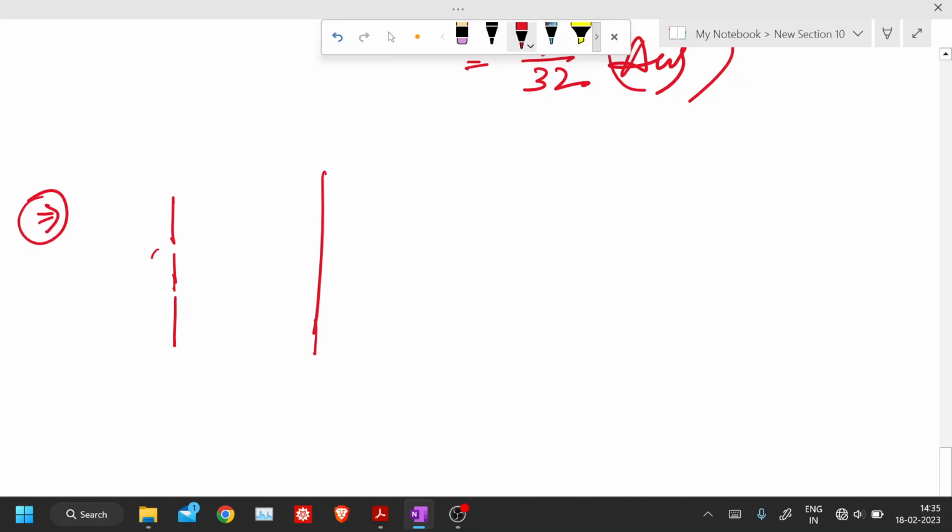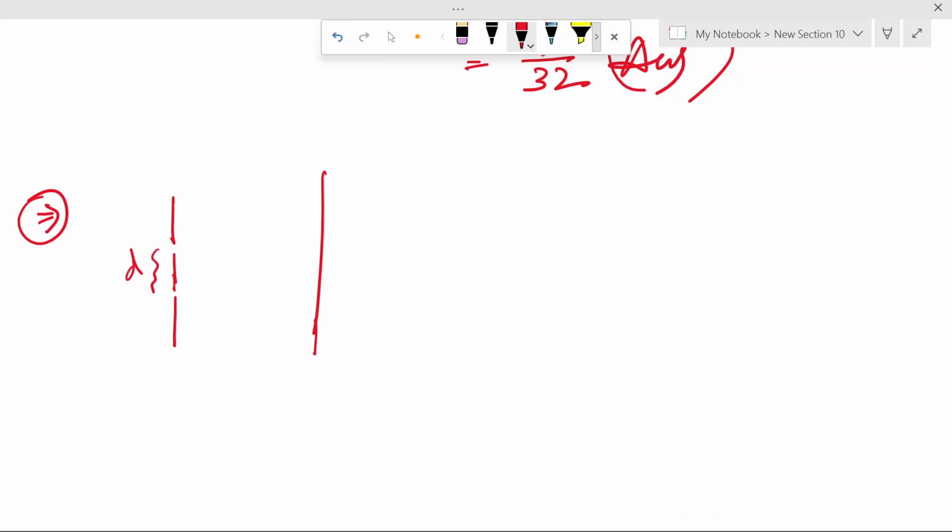If the gap between them is small d and the distance to the screen is capital D, then your nth bright fringe lies at n lambda D by small d. This you learn when you are in class 11. So why it's a GATE level question, that I will come to next.